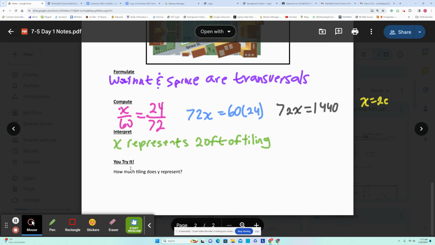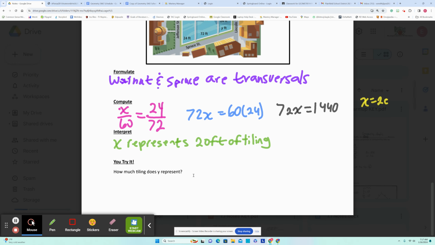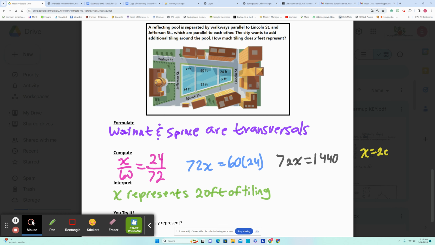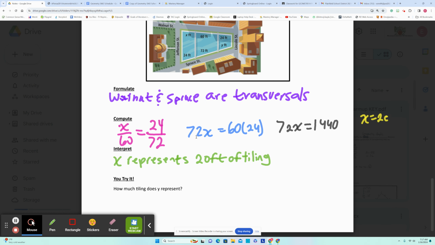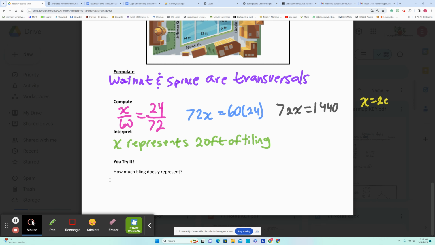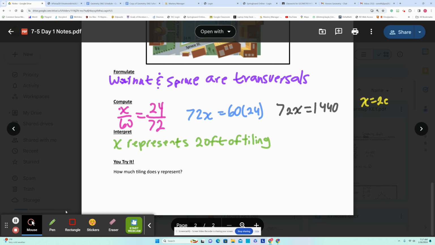Now, why don't you guys give this one a shot? So how much tiling does y represent? So here's y. Why don't you use this portion and solve, and we'll go over that in just a minute. Okay, so looking at this, what I did was I'm going to do y over 72 equals 24 over 60.